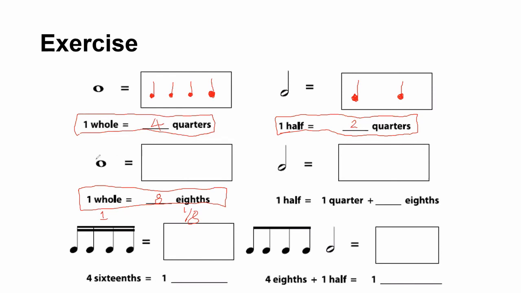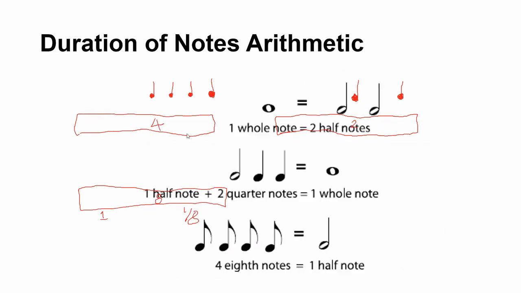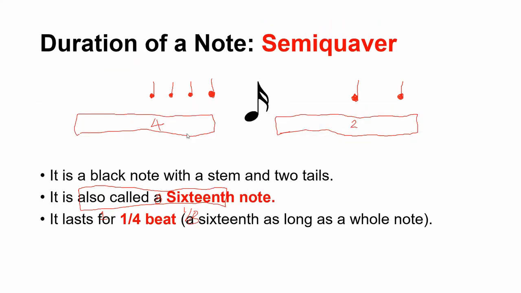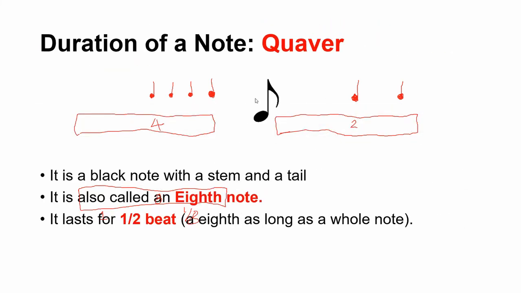And remember, what is the eighth? If we want to draw that, that's our whole note here. Let me clear that. So our whole note is here. Remember the eighth note from our class? The eighth note is also called the quaver.